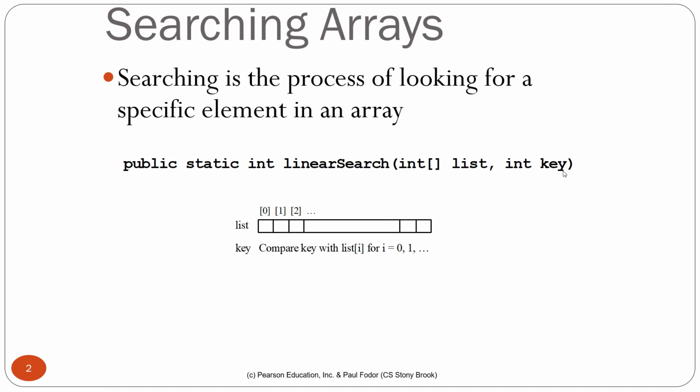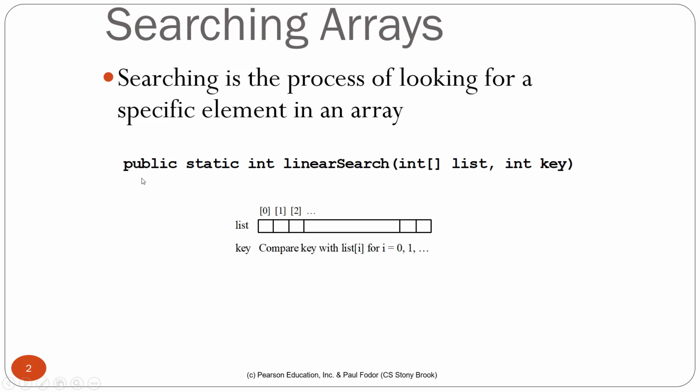Okay, so you need to write a program which we will call linear search. For this program, you will be given an array and a key, and you will search for that key in the array, and on the basis of the search result you will return a value. Okay, so that's the return type.